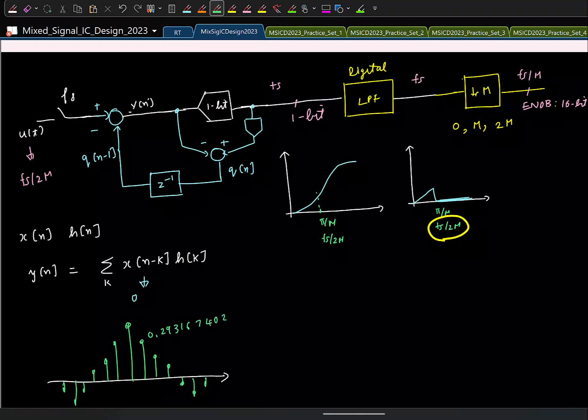It's going to be some value, but we have to represent it digitally, which means I cannot represent it with infinite precision. I can use only finite bits for representing it. Now, let us say I use a very small number of bits for representing it. So, let us say I round it to 0.29, right? The actual impulse response I have is this. In the same way I will be making some error everywhere.